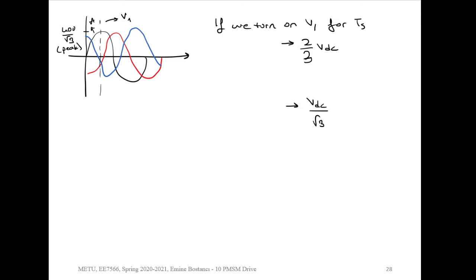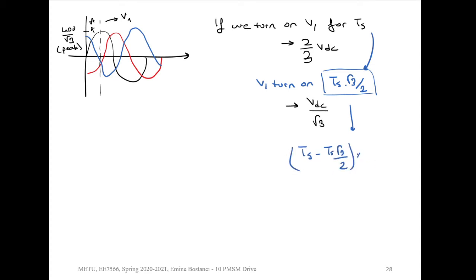So that means the V1 turn-on duration must be TS times square root of 3 divided by 2. And the rest of the duration, TS minus TS square root of 3 over 2, is going to be divided between T0 and T7, the turn-on durations of the two zero vectors.